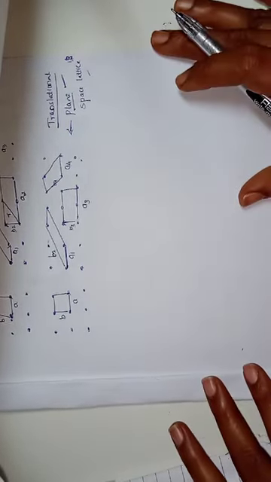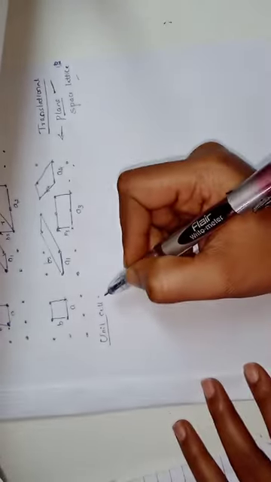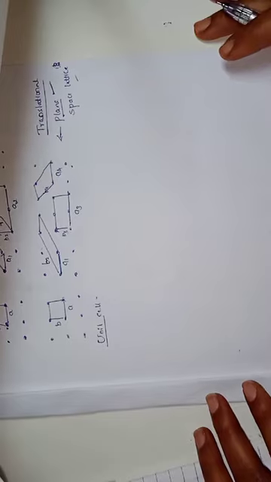Okay, then unit cell. Unit cell is defined as the smallest volume. Already we discussed, unit cell is the smallest volume which is repeated in all directions to build the crystal.